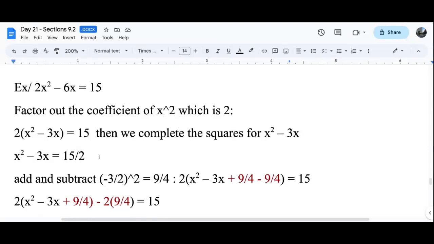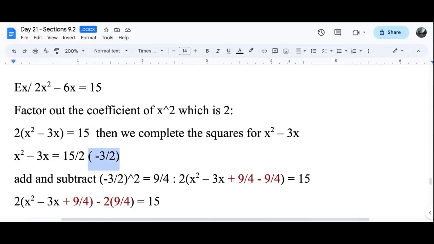Now, remember how we complete squares? We take the middle term, we divide by 2. So for ax squared plus bx plus c, removing c, we take this number before x, negative 3, and divide by 2. So that's negative 3 over 2.